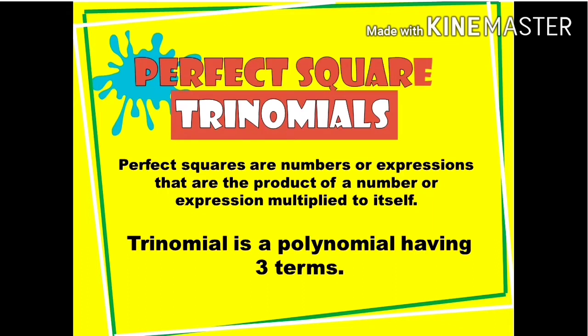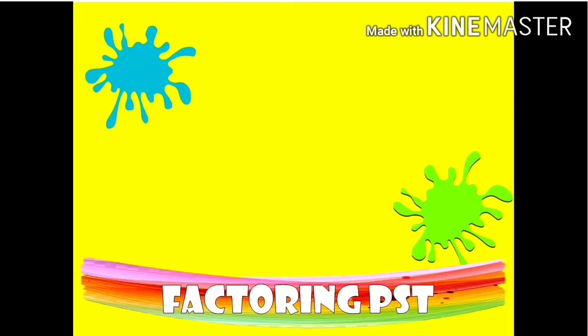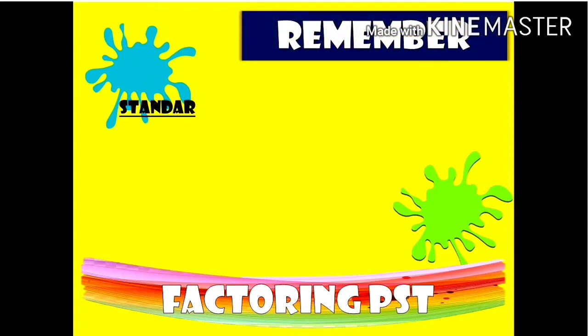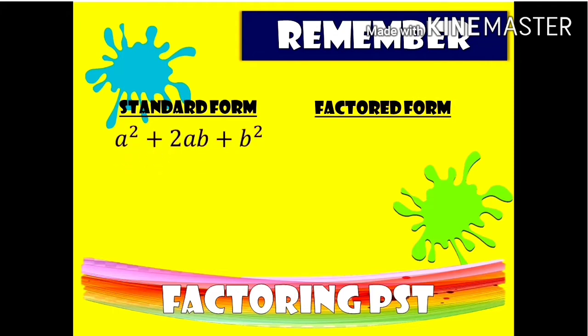So when we define perfect square trinomial, ito yung polynomial having 3 terms and at the same time may square root ang first term and last term, and ang middle term niya is twice the product of the first and last term. Ayan, so please take note of this standard form and the factored form of this PST. So a squared plus 2ab plus b squared, ang factored form niya ay a plus b quantity squared.